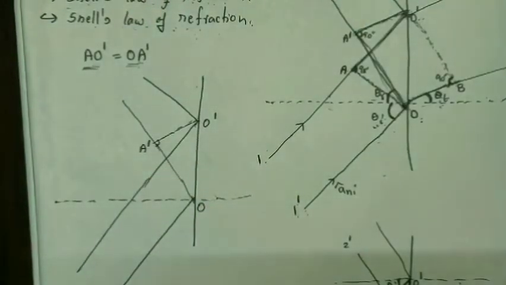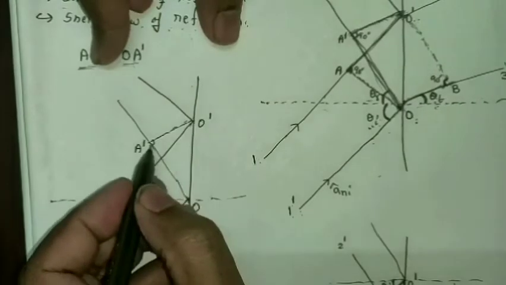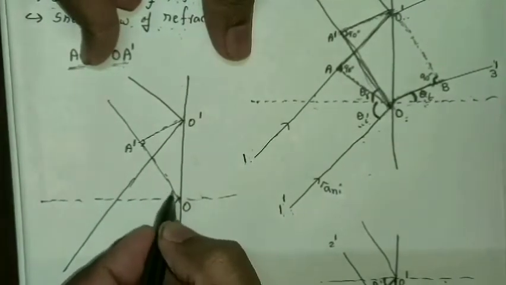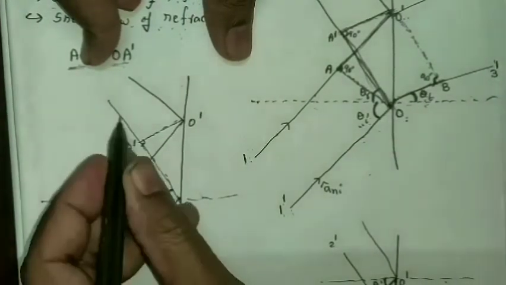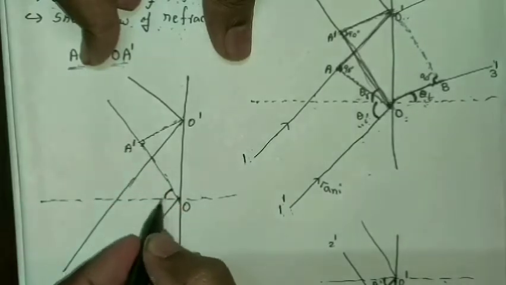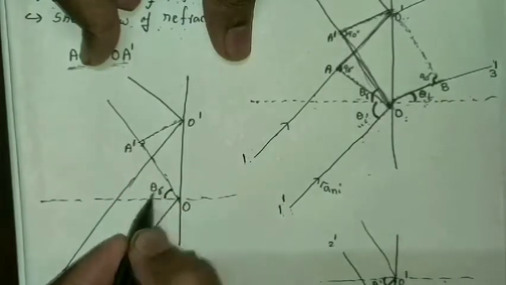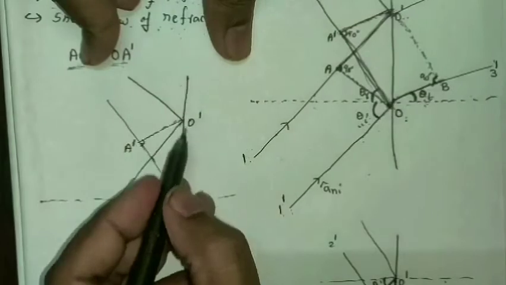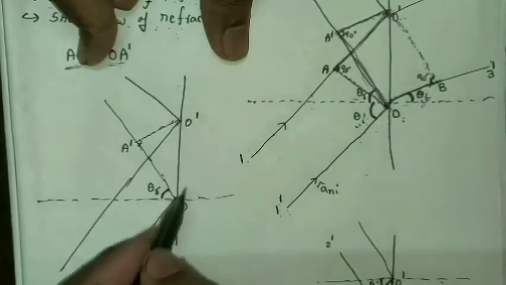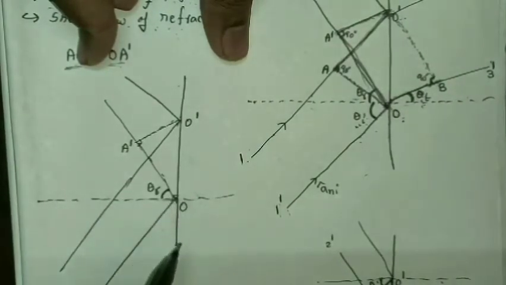Just imagine, what is this angle? Since this is the reflected electromagnetic wave, this angle is nothing but theta R. Since this line and this line are both perpendicular, the total angle is 90.